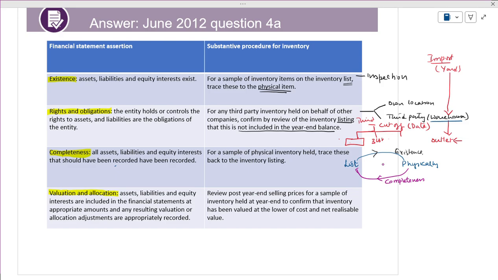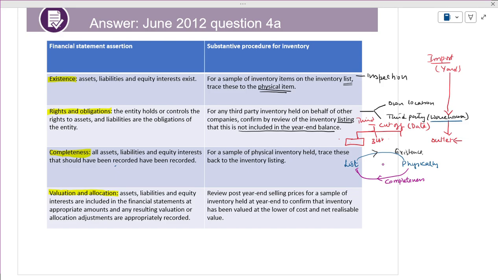Wherever we are showing accounting balances, year-end balances, for property, plant and equipment also the same thing. People should be very clear about this. This is only half, 50% you are doing here. The remaining 50% you are doing from the physical to the listing. Both are different tasks.